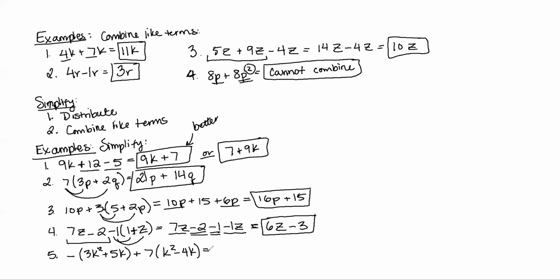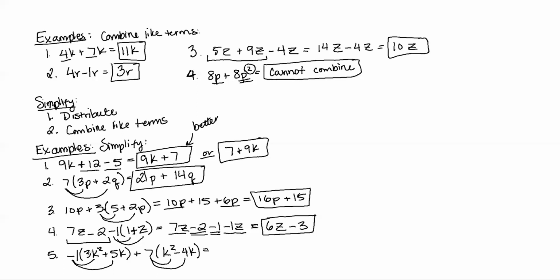So if you want to go ahead and pause right now and see if you can get the distributing done, I definitely recommend that. Let's go ahead and distribute this negative 1 into these first 2 terms. And notice they only go into the parentheses that are directly next to them. I'm not distributing over here to the second set. That's where this 7 is going to go.